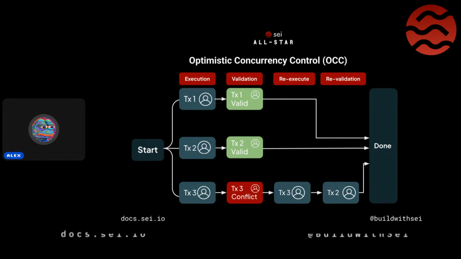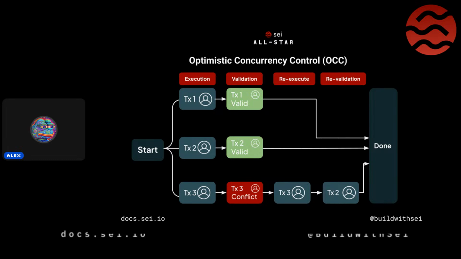Using optimistic concurrency control, it just pretends at first that all transactions are independent of each other, which in a concrete example means they don't touch the same state, they don't touch the same accounts, they don't touch the same nodes. So first of all, it just pretends that they are independent.